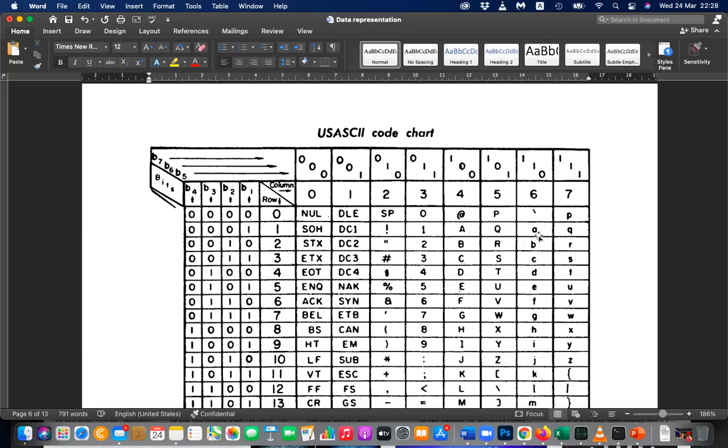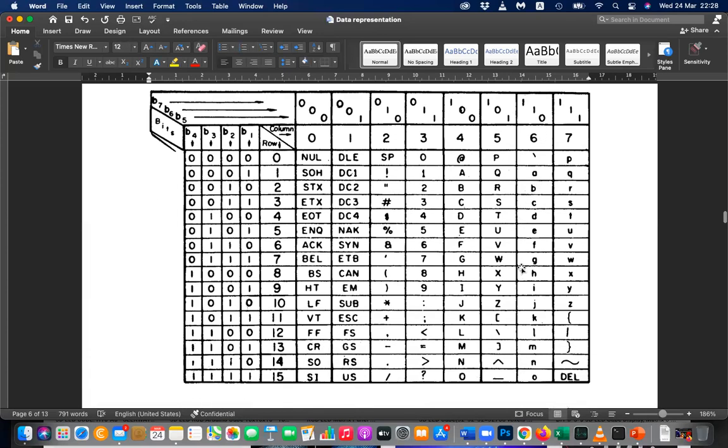Whereas the simple letter A is here, it is 10000110, which is 64, sorry, this is simple A. A is, yes, 10000011, I guess.